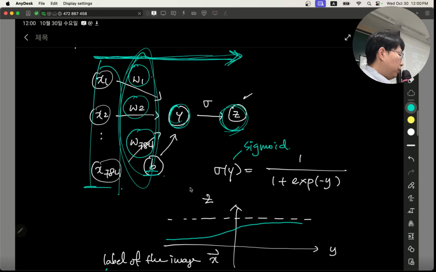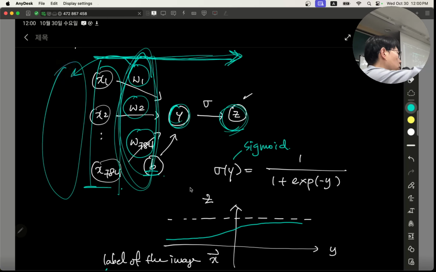That means you optimize this layer and then the next layer, so it actually goes backward. That's why it's called backward propagation. When you train your model, you need forward propagation and backward propagation, iterated many times until you get a satisfactory result. Any other questions?